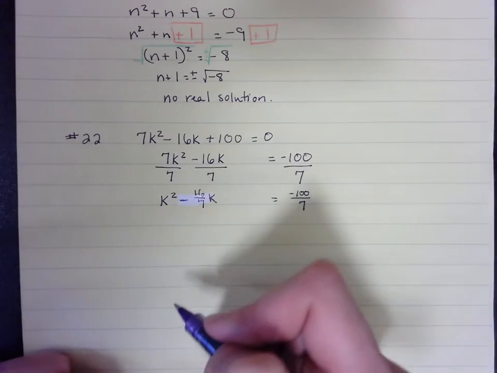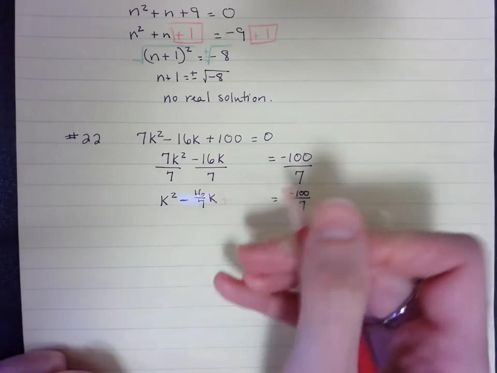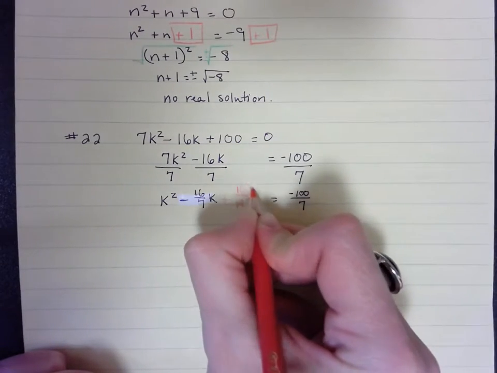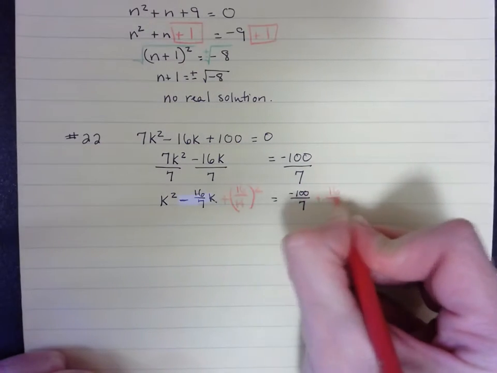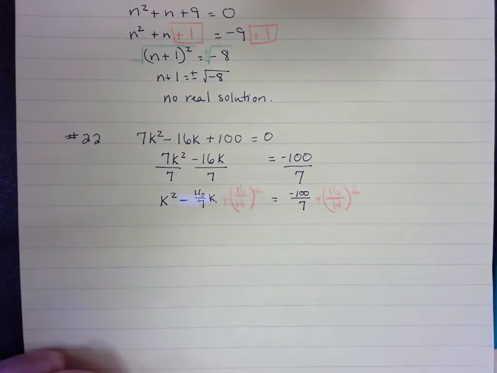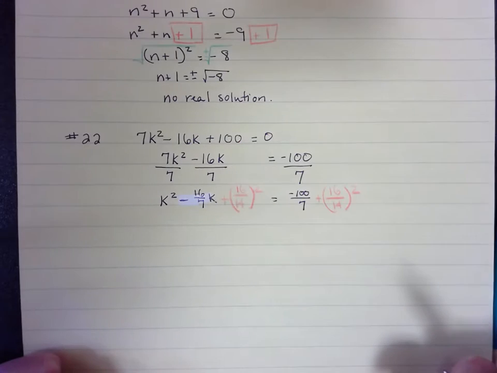But I can still complete the square by adding 16 over 14 squared. So what I want to do before I start doing anything is simplify this fraction.